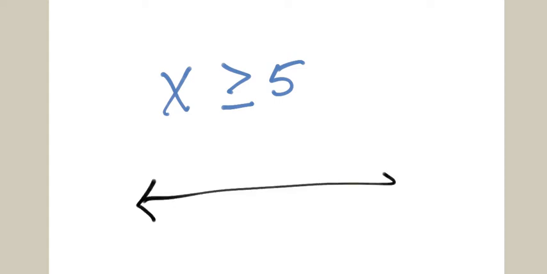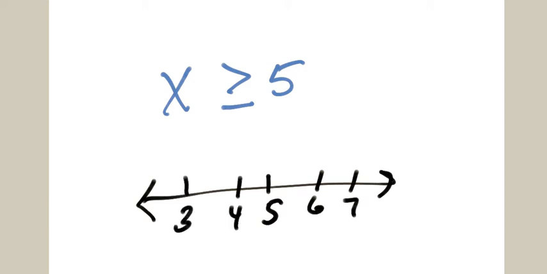Okay, let's say I have one that looks like this. I say x is greater than or equal to 5. In a case like this, again, I can follow my arrow because my variable goes first. So I'm looking for the 5. I'm going to plot that, but this time I'm going to do a closed dot because it has this equal sign, which means it can also be equal to 5.